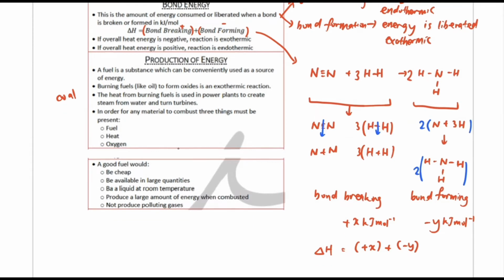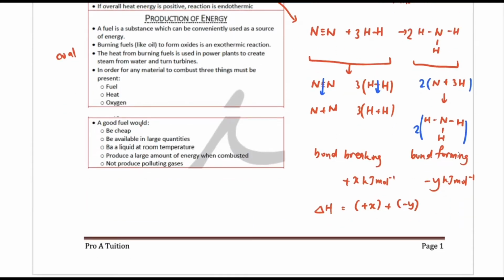Okay, so now a good fuel would be cheap. For example, coal or petroleum are kind of cheap. That's why it is popular nowadays, because it's cheap basically.